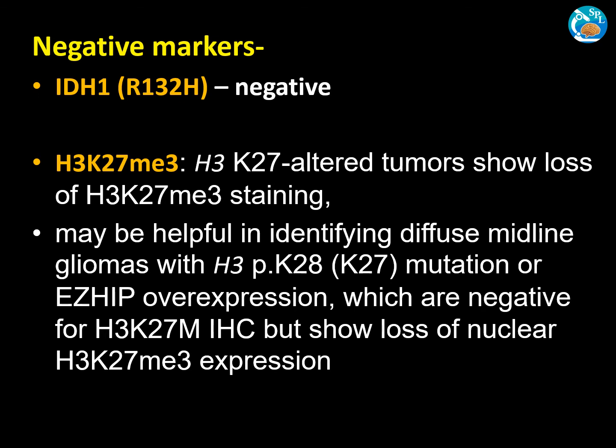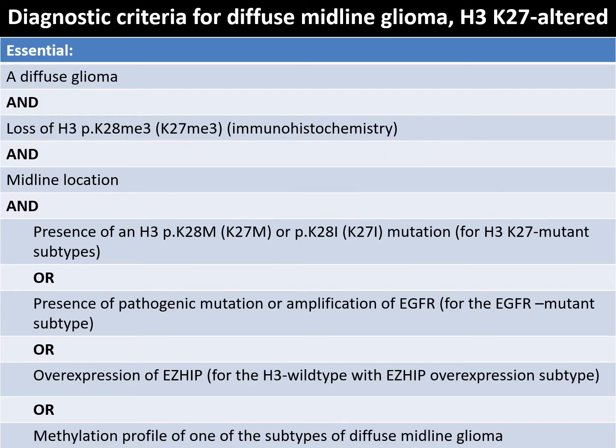This may be helpful in identifying diffuse midline gliomas with H3K27M mutation or those with EZHIP overexpression, which are negative for H3K27M but show loss of nuclear expression for H3K27 trimethylation.